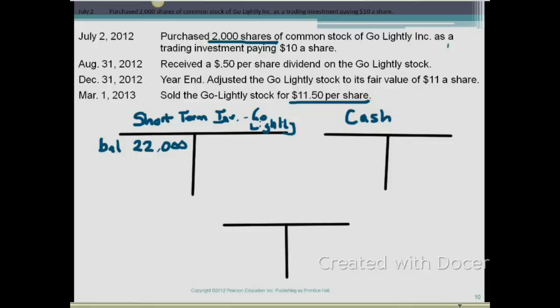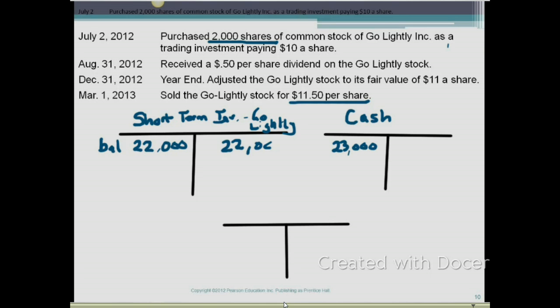So our cash increases by $23,000, so we are going to debit cash for $23,000. Remember, for all transactions, you have to have an equal opposite reaction. So we got $23,000, we need $23,000 on the credit side. We have sold our short-term investments in Golightly, so we do not have that investment anymore in our books.